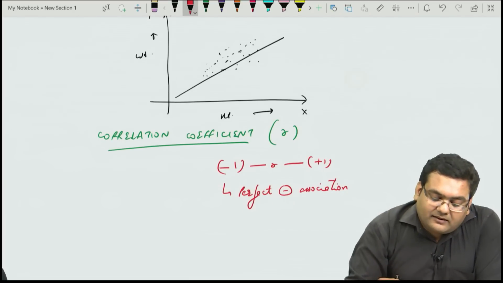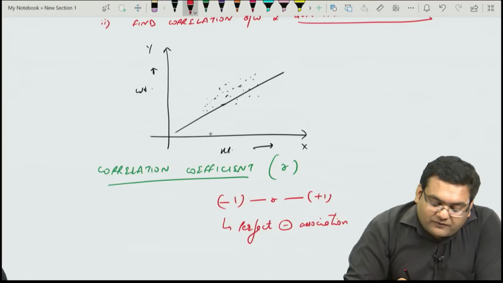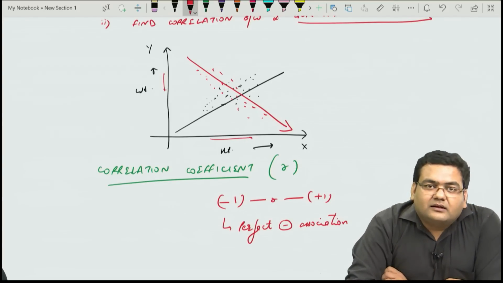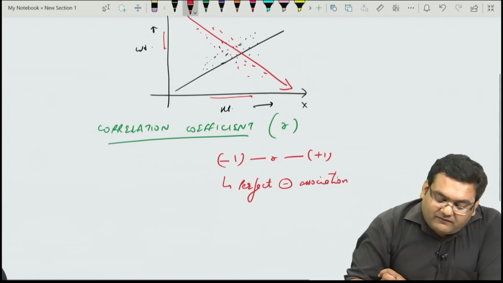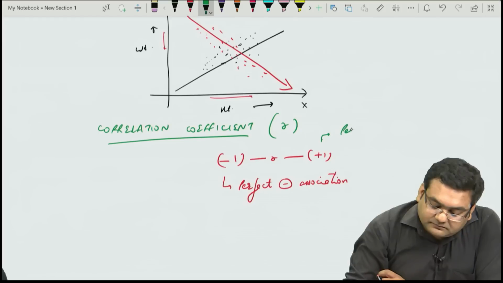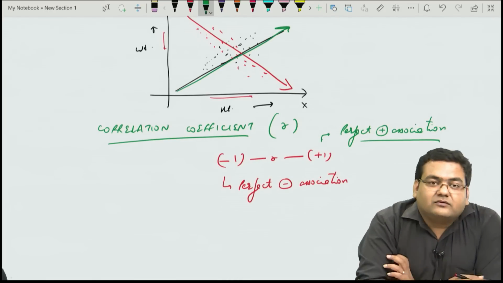Means, let's suppose on increasing a value on x, the value on y decreases. So as the value of x increases, the value of y will decrease. So the graph what we will get is of this way. And when we are saying perfectly positive association, we will get a graph of this way.